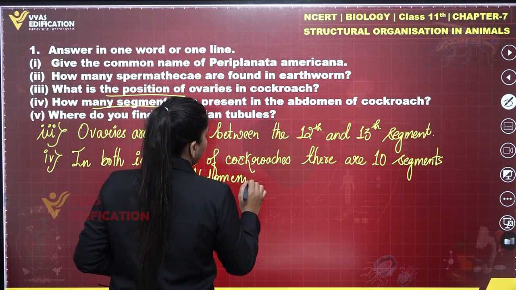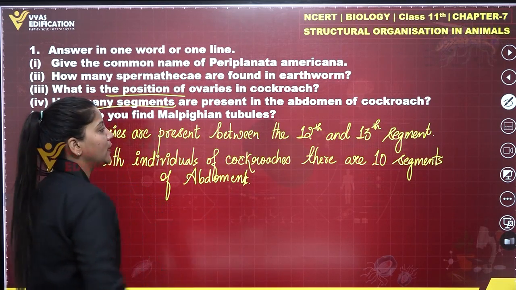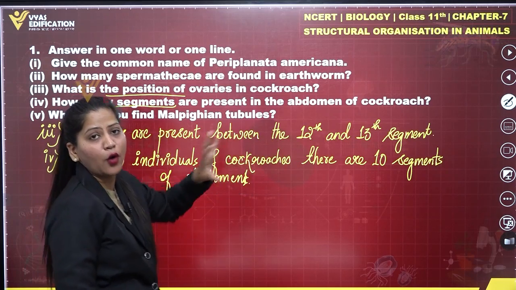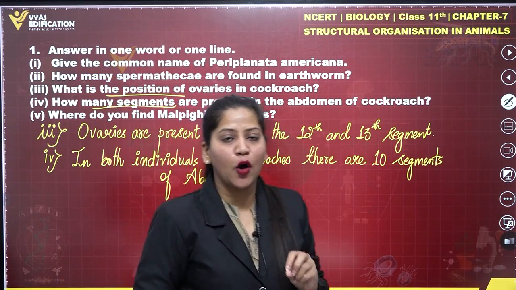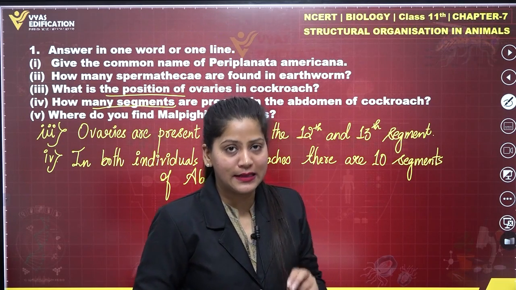So there are a total of 10 segments present in the abdomen of both individuals of cockroaches, that is in female cockroach and in male cockroach.